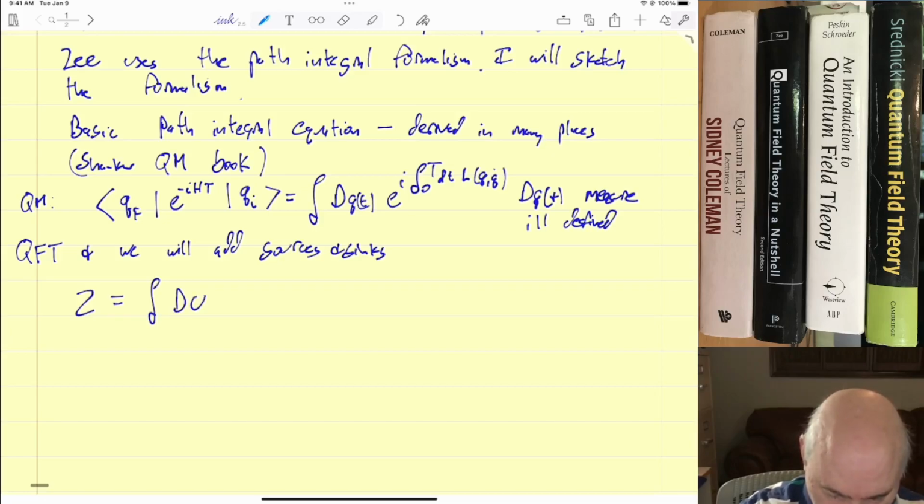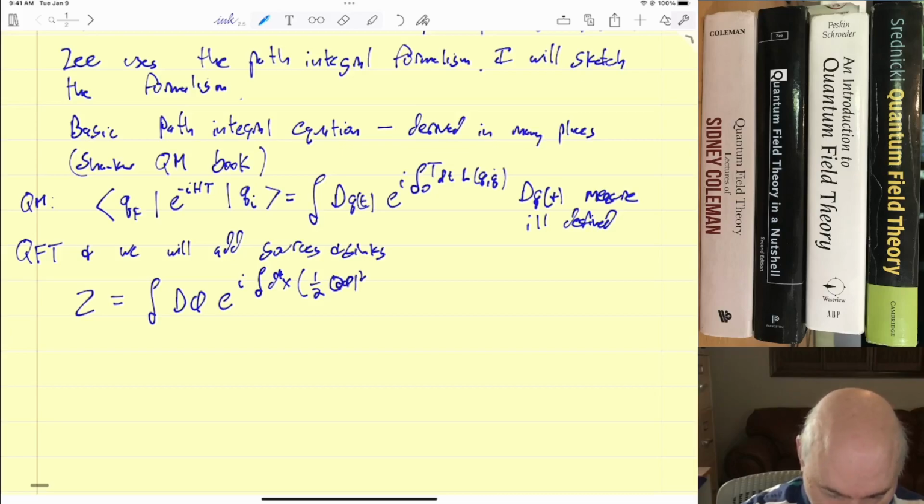Now in a field theory, our positions are parameters, and our basic dynamical variables are the fields at each position. We're going to have e to the i, and now we're going to integrate over all of space-time. And we're going to have something like a typical Lagrangian for a scalar field.